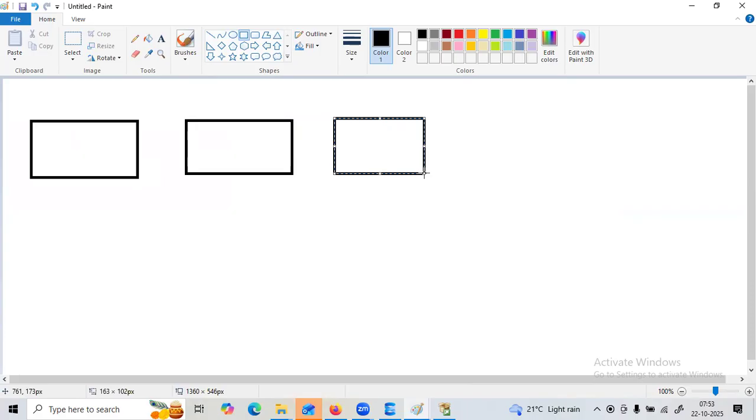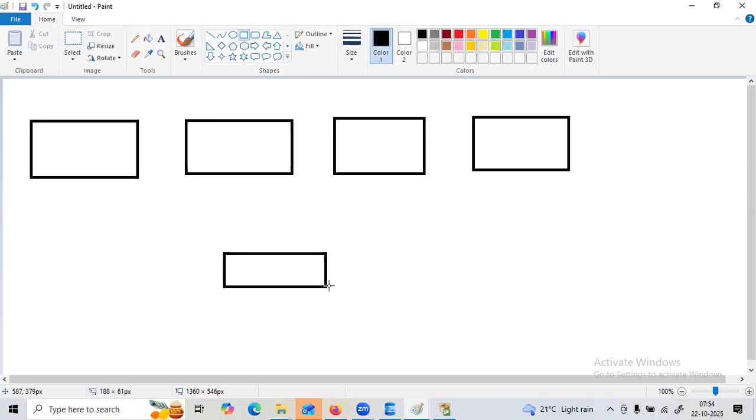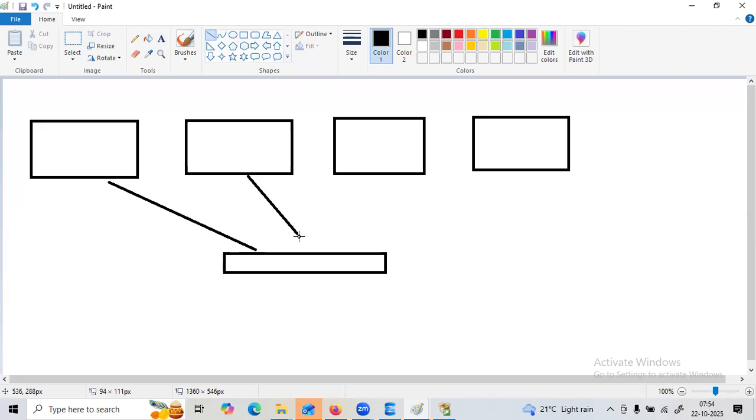I'm just taking an example. All four computers join in one Windows cluster.